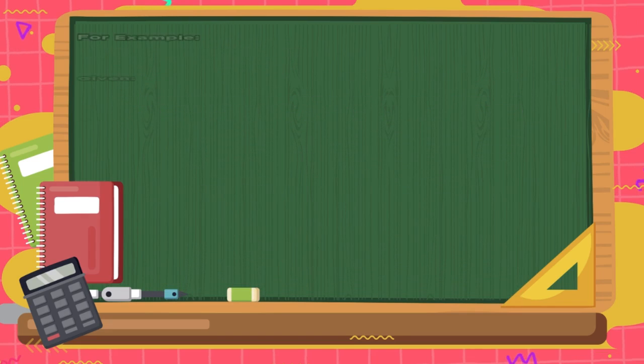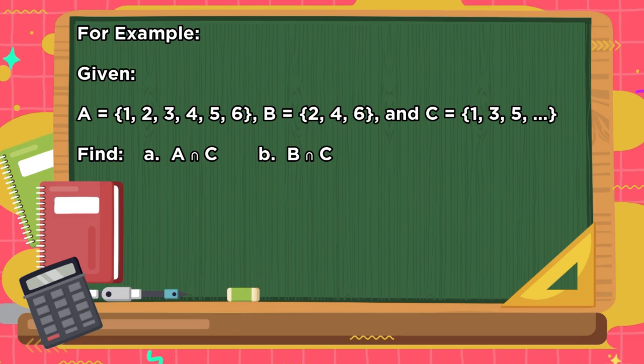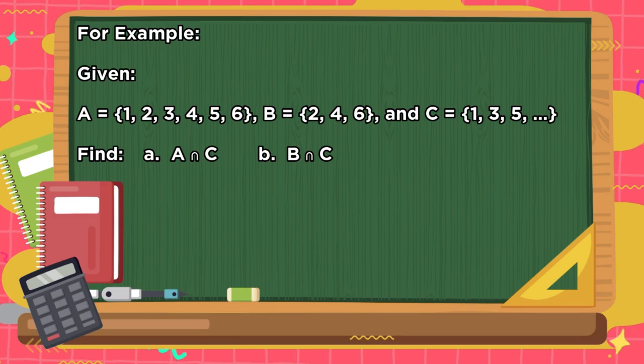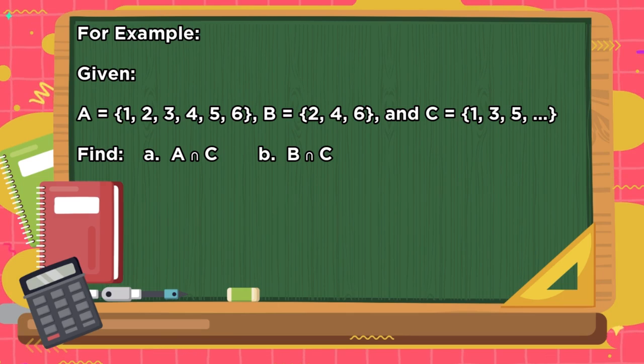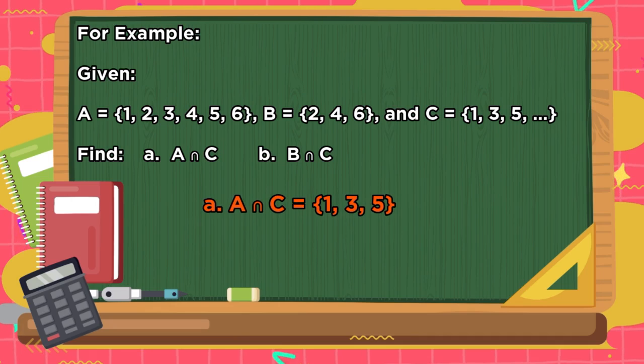For example, given set A with the elements 1, 2, 3, 4, 5, 6, set B with the elements 2, 4, 6, and set C with the elements 1, 3, 5, we will find A intersection C and B intersection C. So as you can see, letter A. Ano yung parehas sa A at saka C? Okay, very good. Ang parehas sa A at saka C is 1, 3, and 5. So our answer is 1, 3, 5.